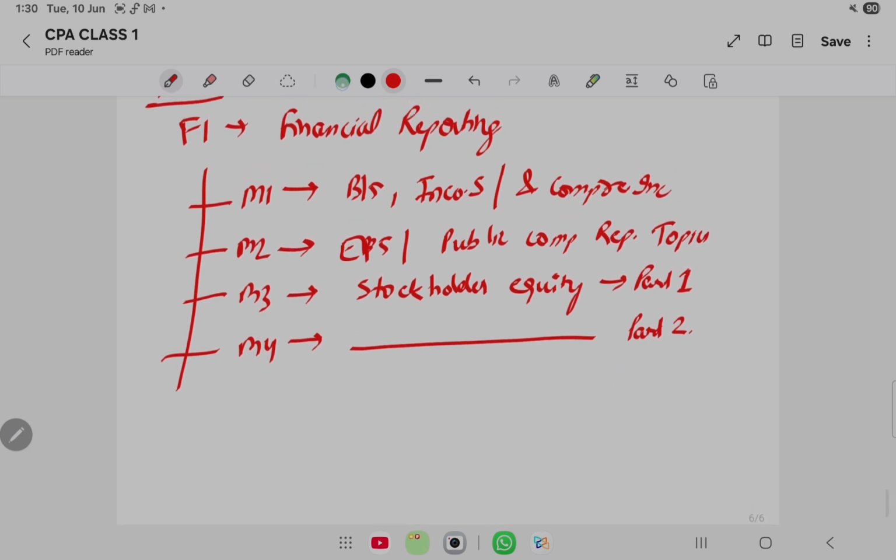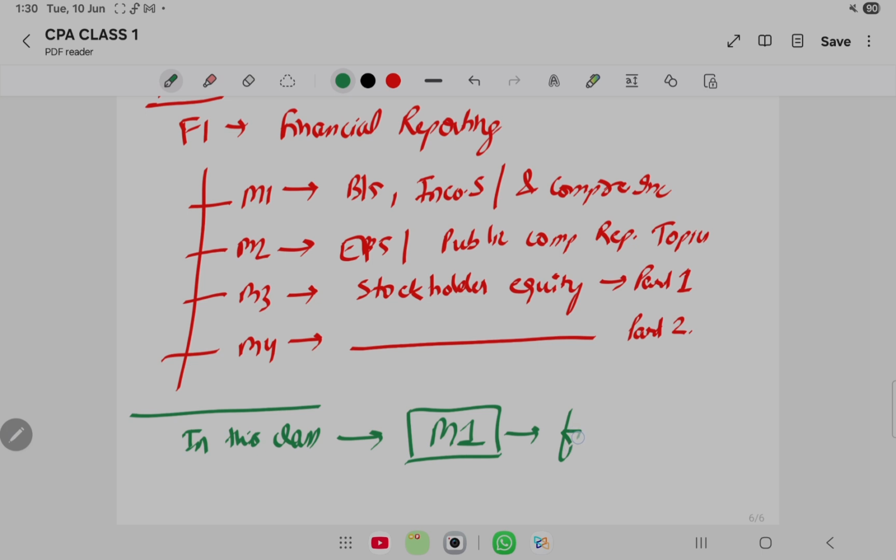Introduction part has been completed, and in this class we are going to learn about the module 1 fully. So we are starting module 1 of unit 1.